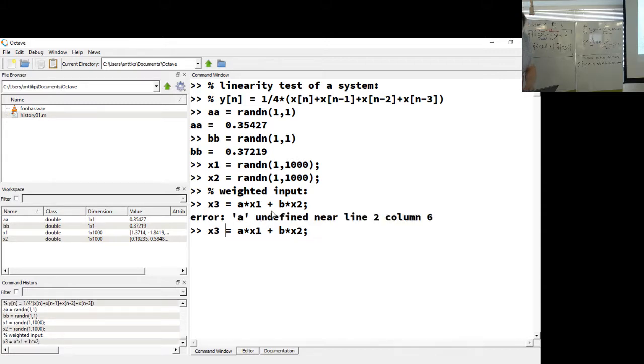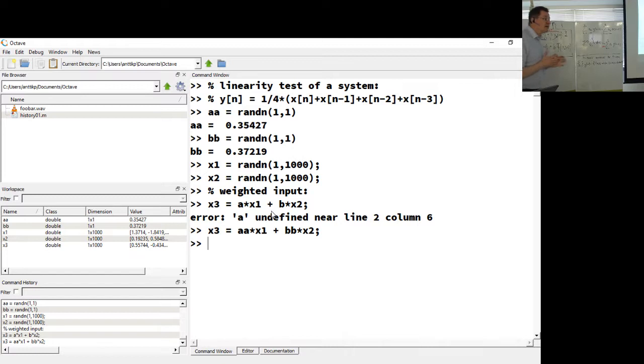Sorry, I forgot my rule of thumb, never use single letter variable names. Okay, so a times x1 plus b times x2. So we now just need to put this signal into my system.